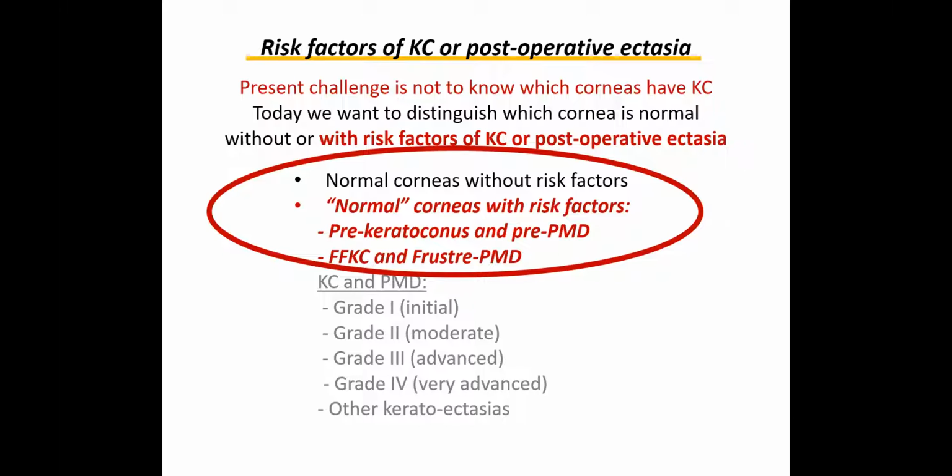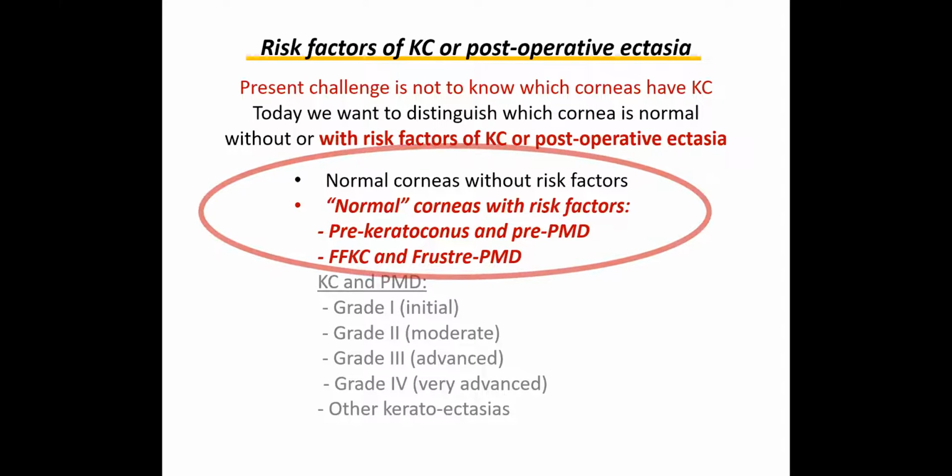To have an asymmetric cornea with normal range of curvature and without ectasia, without other abnormalities, that is not keratoconus, it's only an asymmetric cornea, okay? We have very steep corneas without ectasia. We have very thin corneas without ectasia. So now we begin to call and describe these corneas as prekeratoconus.